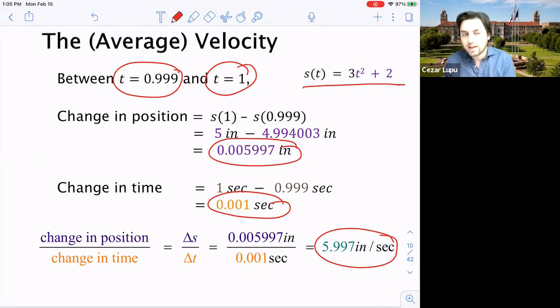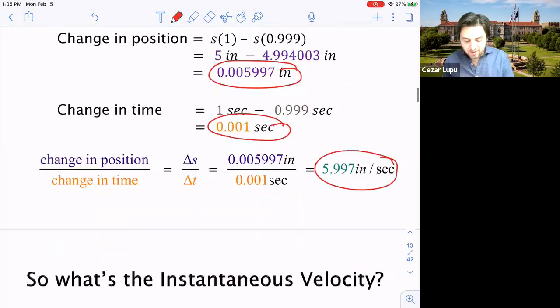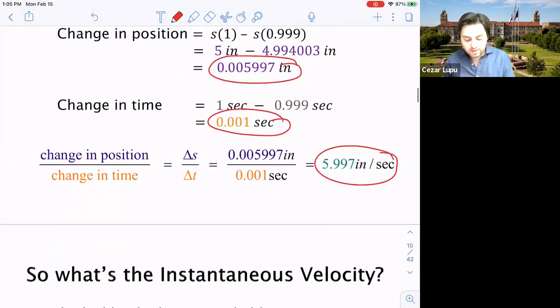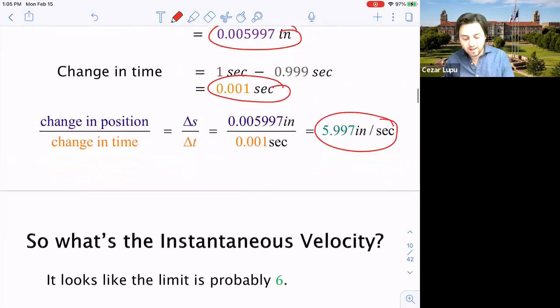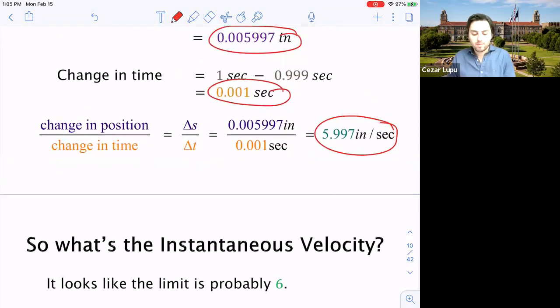You will see that I gave a bunch of examples there, very similar examples. So far, I haven't mentioned anything about limit. So the question is, what is the instantaneous velocity? And it looks like the limit is probably 6, right?